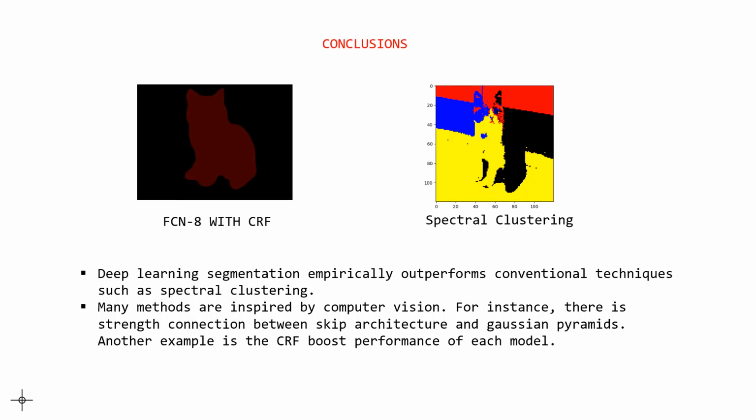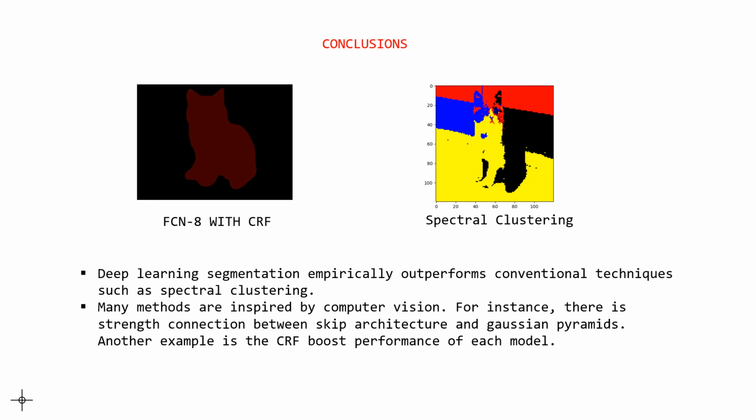I see that deep learning-based semantic segmentation empirically outperforms conventional techniques such as spectral clustering. However, there is intense inspiration from conventional vision to learning-based vision. Multiscale information fusion with skip architecture is similar to multiscale image representation in the Gaussian pyramid.